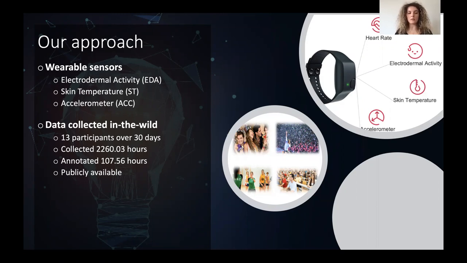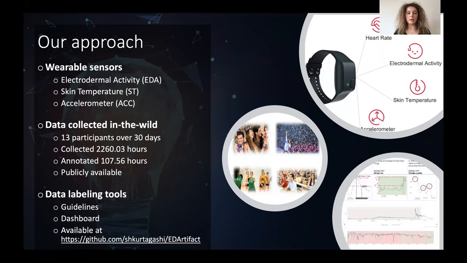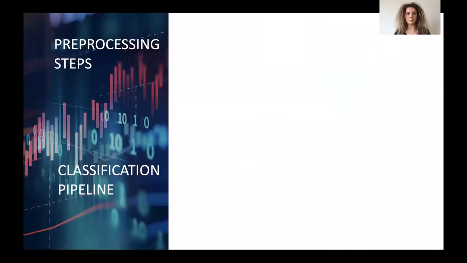We make both data sets publicly available. We then also compile a list of guidelines and a dashboard in order to enable researchers to manually label artifacts if it is needed. Both of these tools are available at the following link.